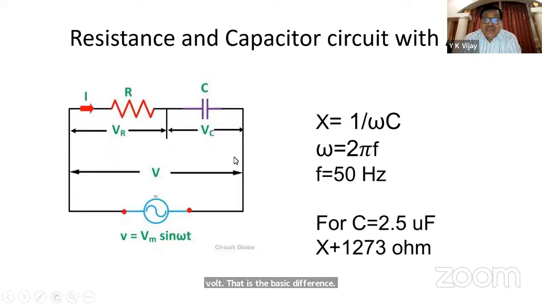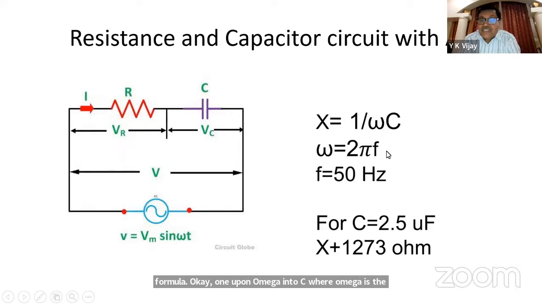Now we can also think of having a bulb connected with a capacitor, so that some of the voltage we apply from AC goes to the bulb and some goes to the capacitor. The capacitor has a resistance, which we call reactance, estimated using 1 upon omega C, where omega is the angular frequency of AC mains.